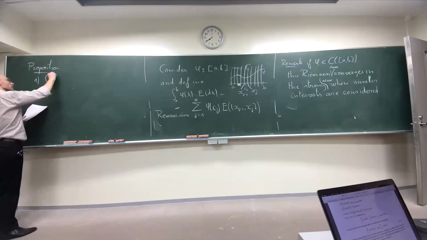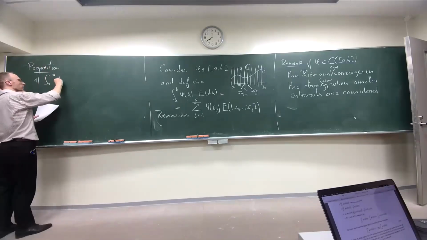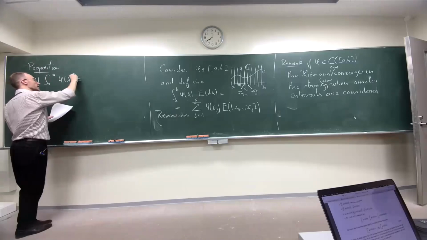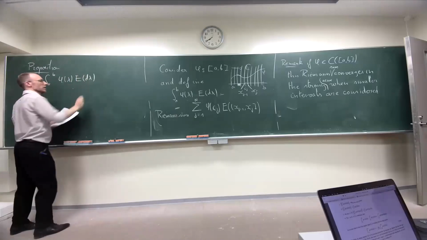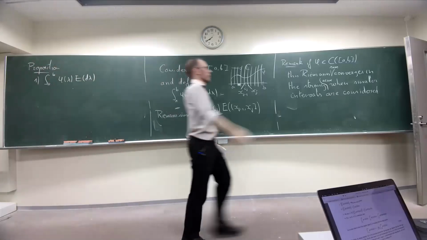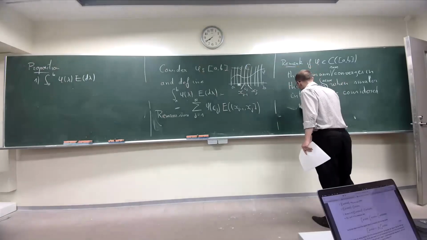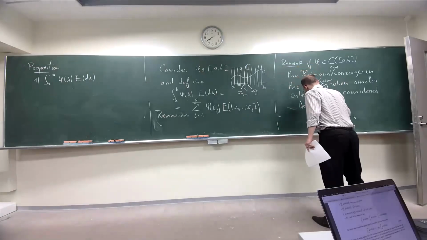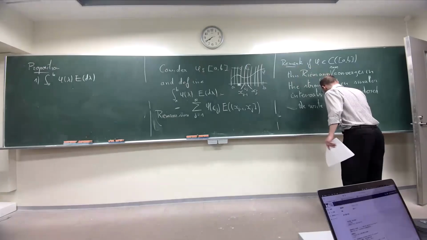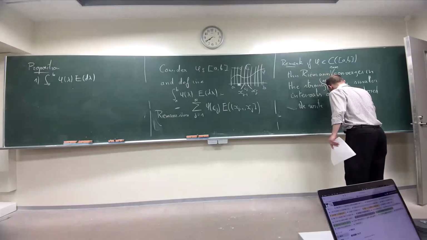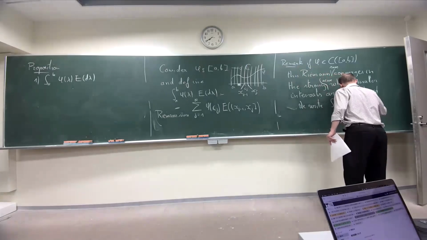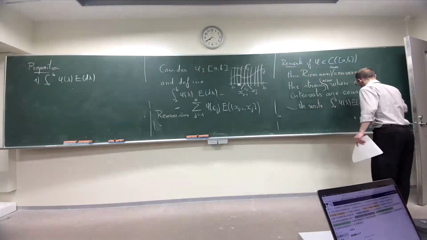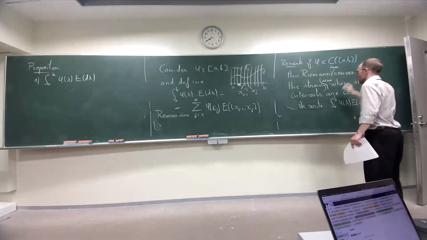The integral over AB of phi of lambda, E d lambda. So this is a notation. We write integral AB of phi of lambda, E d lambda for the limit.